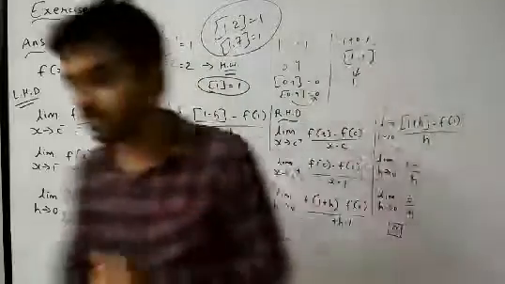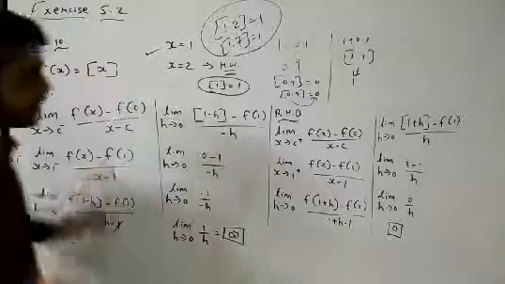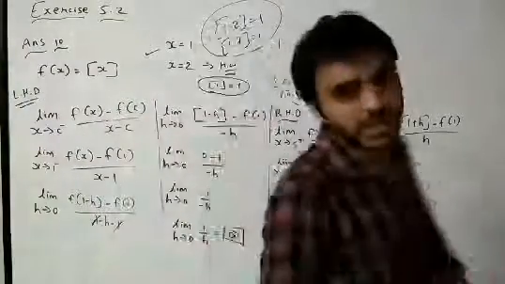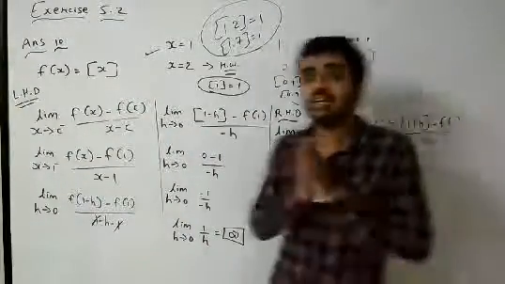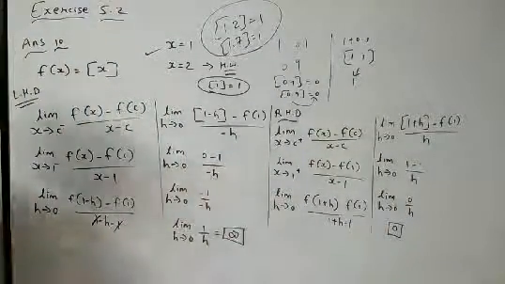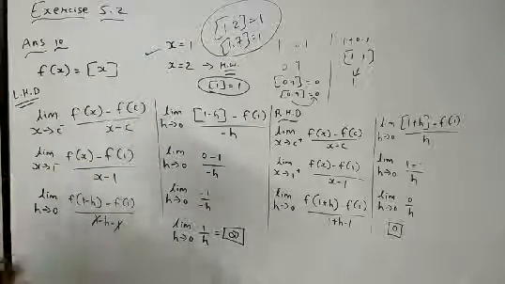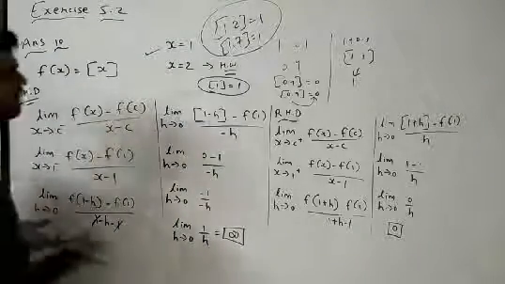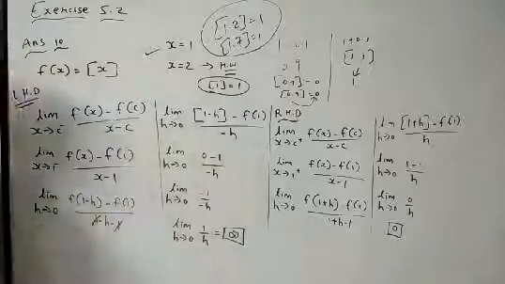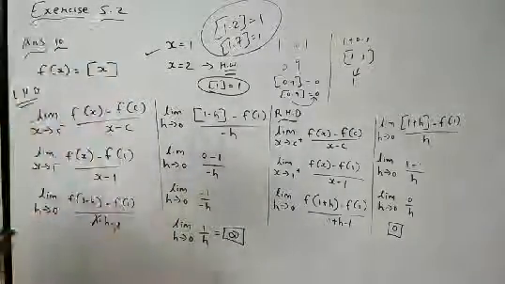So you try to understand this and everyone try it for x is equal to 2. Here we complete this exercise 5.2. I hope each and every question that we have solved is clear with you. After this you have to write from above, left hand derivative is not equal to right hand derivative, so our answer will be that the given function is not differentiable at x is equal to 1.